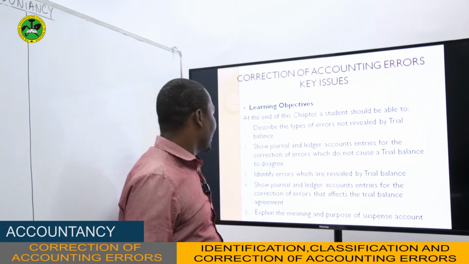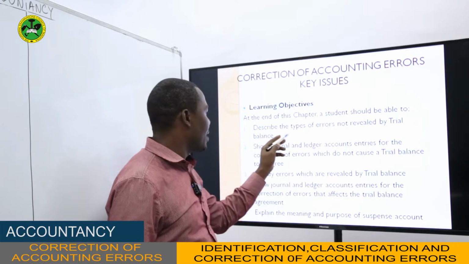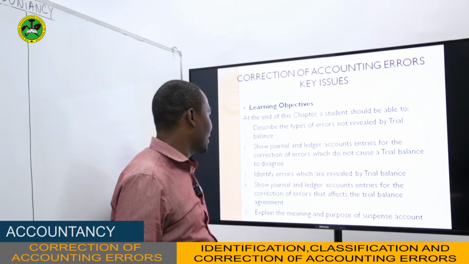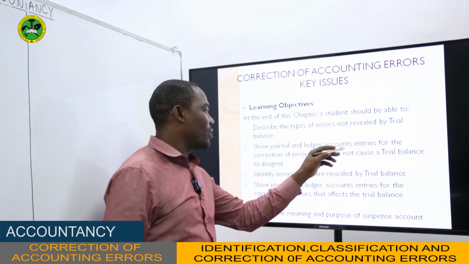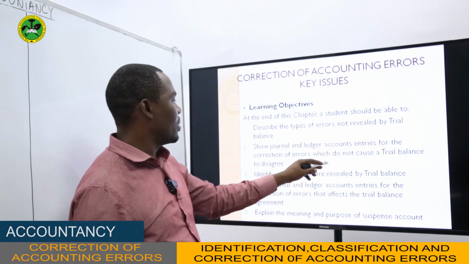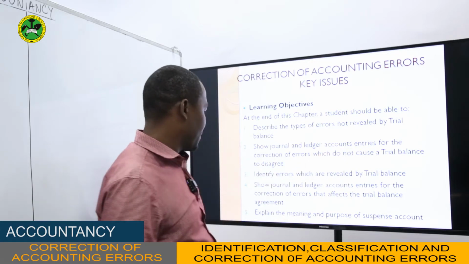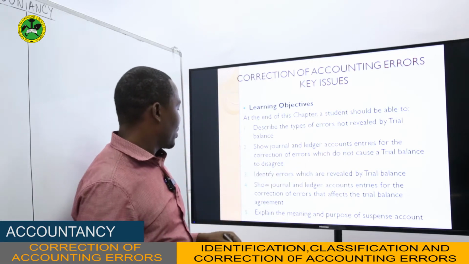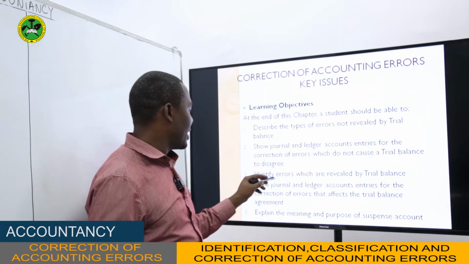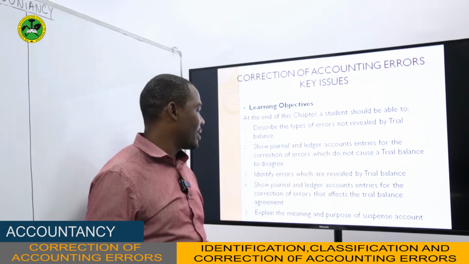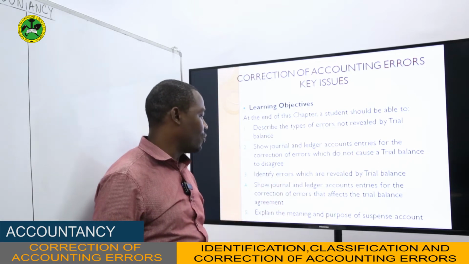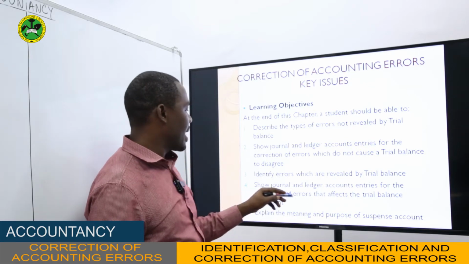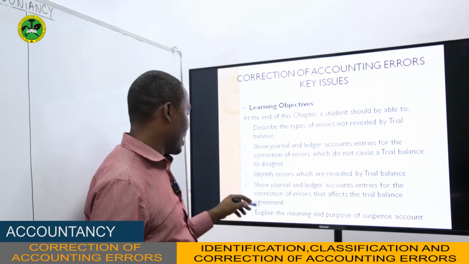You are expected to be able to describe the types of errors not revealed by trial balance. You are expected to be able to show journal and ledger account entries for the correction of errors which do not cause a trial balance to disagree. You are expected to be able to identify errors which are revealed by trial balance, and to show journal and ledger account entries for the correction of errors that affect the trial balance agreement.